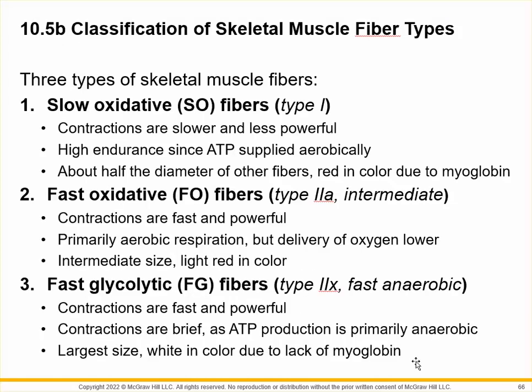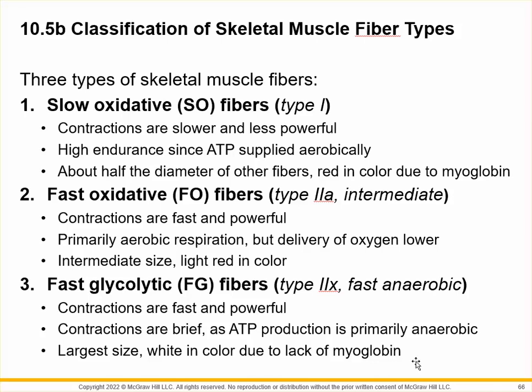Okay, so if we combine these two things, the fast and slow and the oxidative and glycolytic, we could end up with 4 types. However, slow glycolytic makes no sense at all because the advantage to glycolysis is that it's fast, and that would be offset by the slow ATPases and the slow contractions. So there is no such thing as a slow glycolytic.